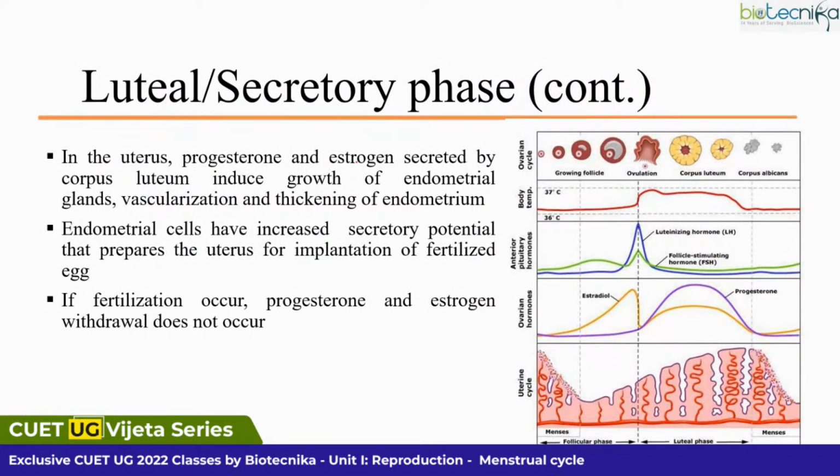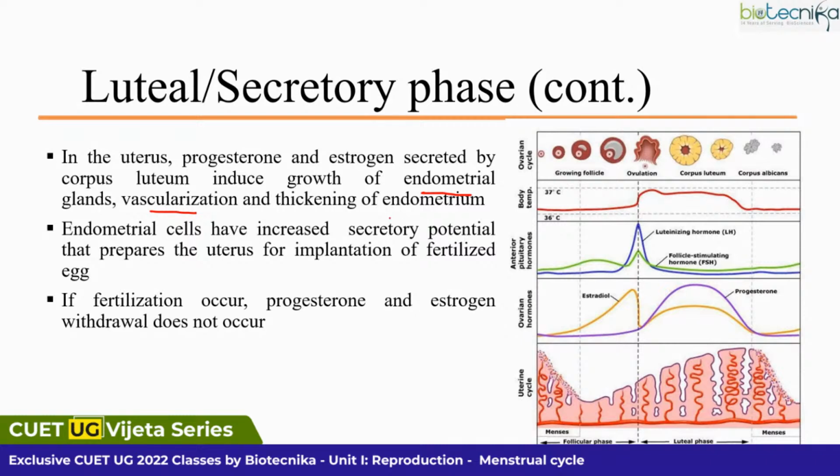So in the uterus, progesterone and estrogen secreted by corpus luteum will help in the growth of endometrial glands. There will be vascularization, means blood vessel formation. These cells will be supplied with ample blood so that they can proliferate, and there will be thickening of these endometrium cells.